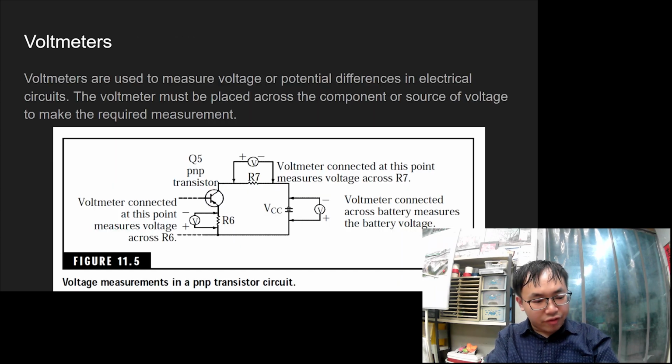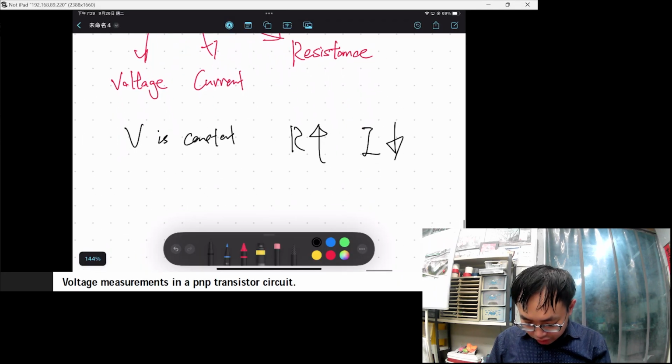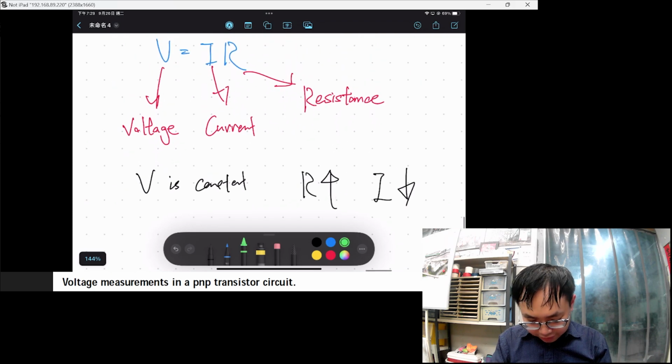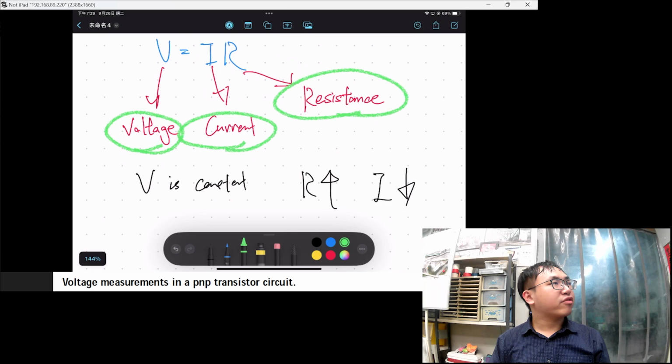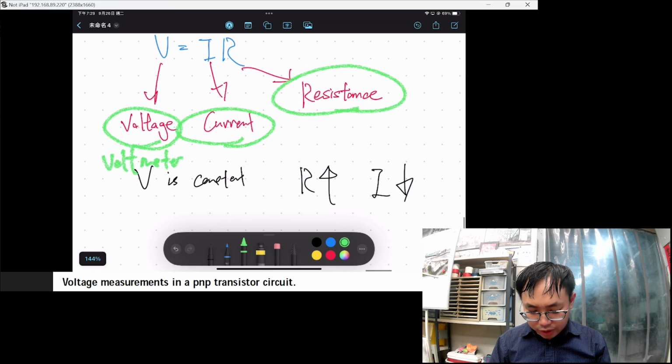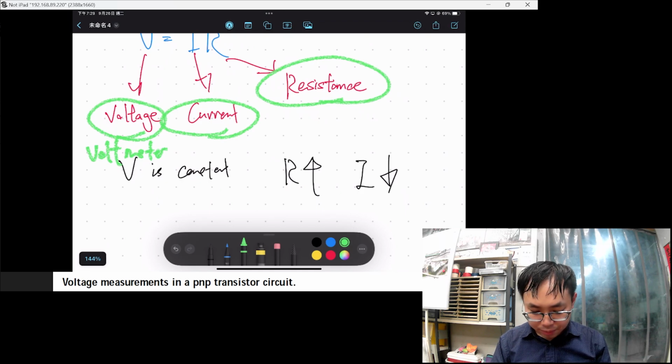Okay, so we have three quantities here, right? Voltage, current, and resistance. So we have different kinds of measuring equipment to measure them. Very simple. For measuring voltage, it is a voltmeter. Current, it is an ammeter.